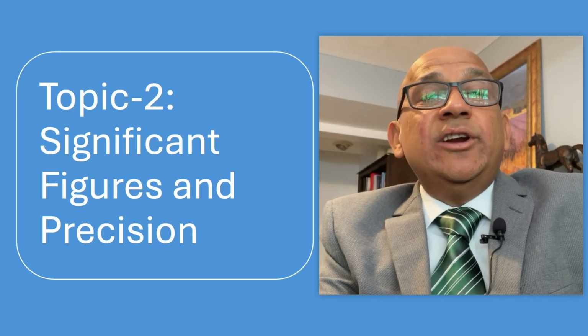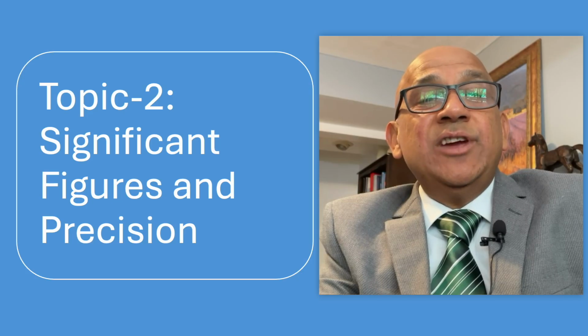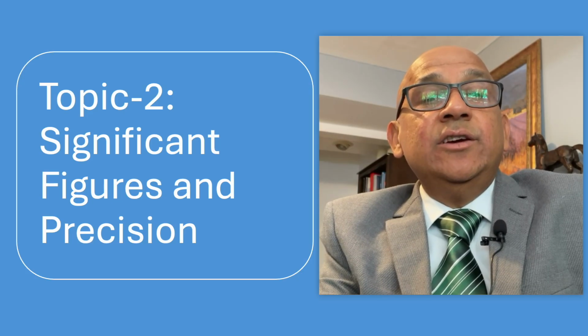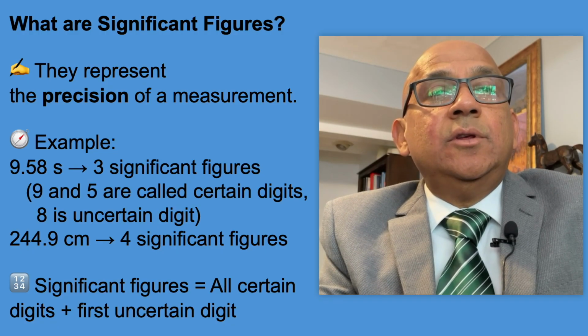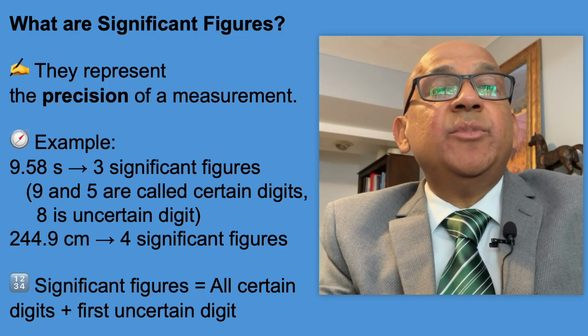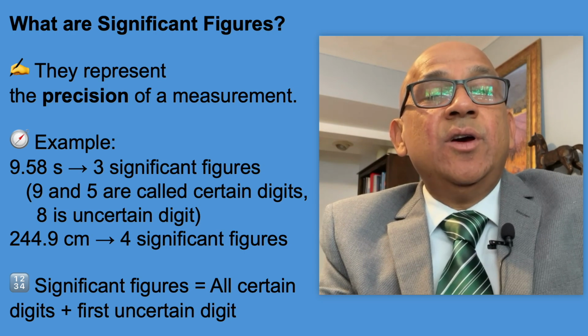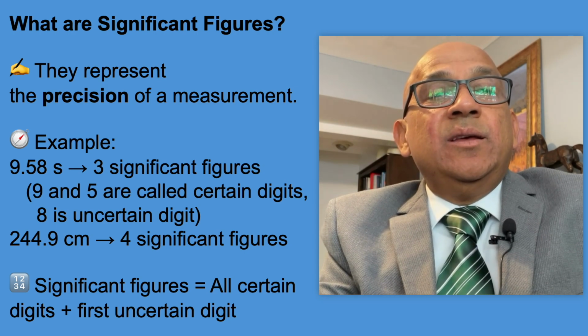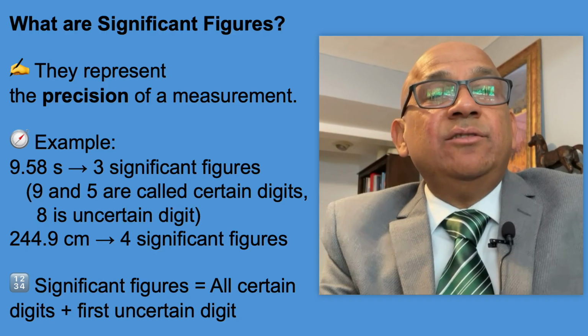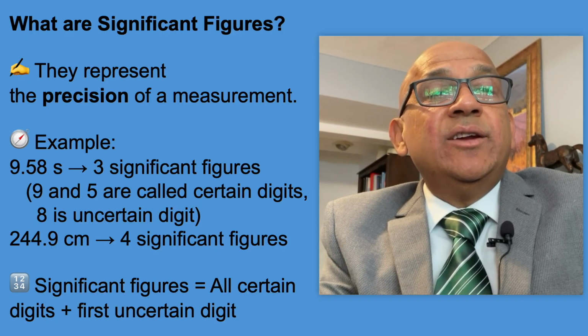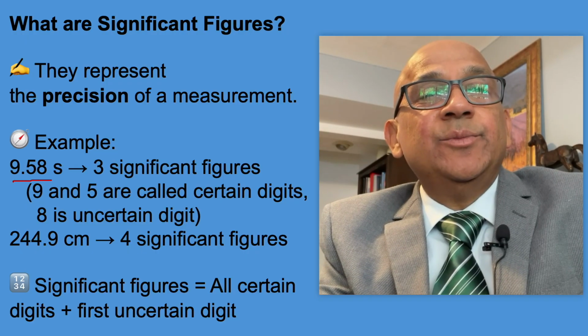So with this, now let us move to a second topic of this chapter, significant figures and precision. Significant figures represent the precision of a measurement. For example, the world record for the 100-meter race is 9.58 seconds.